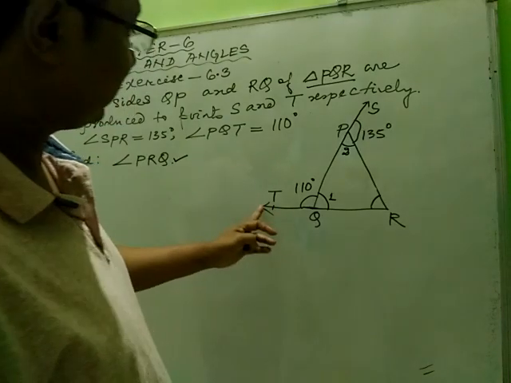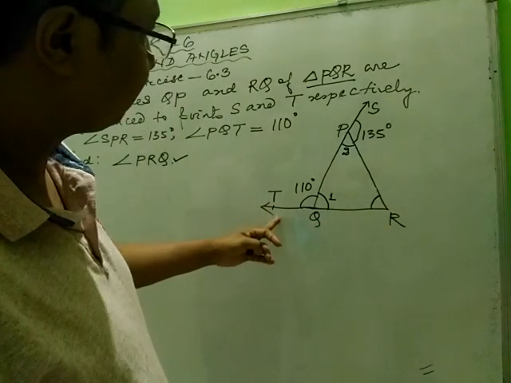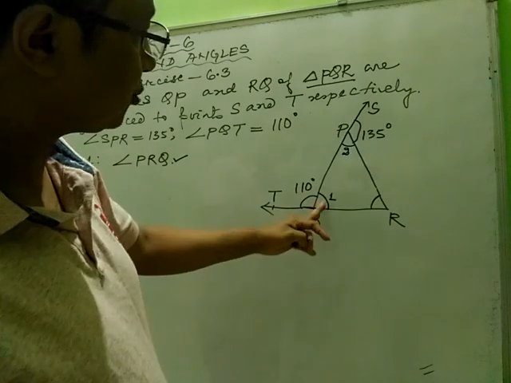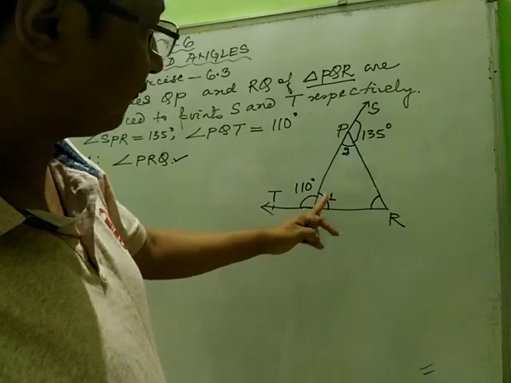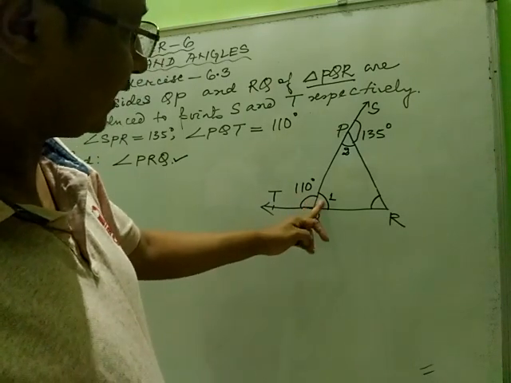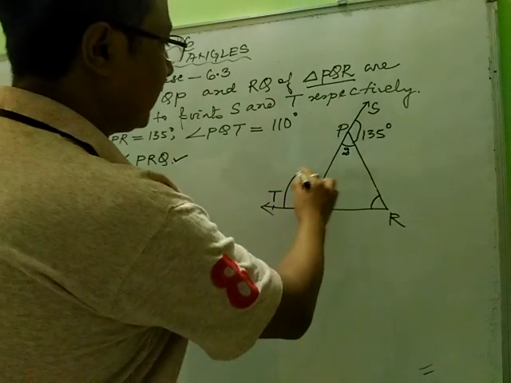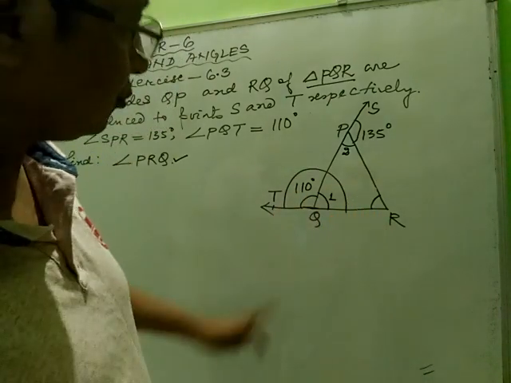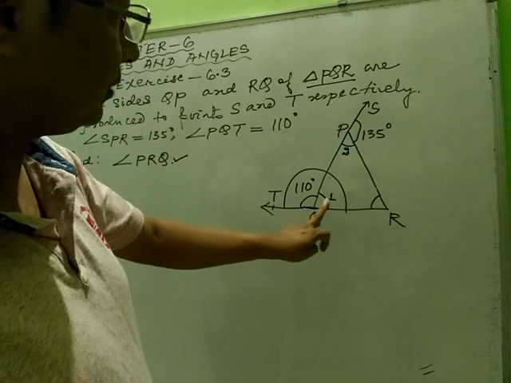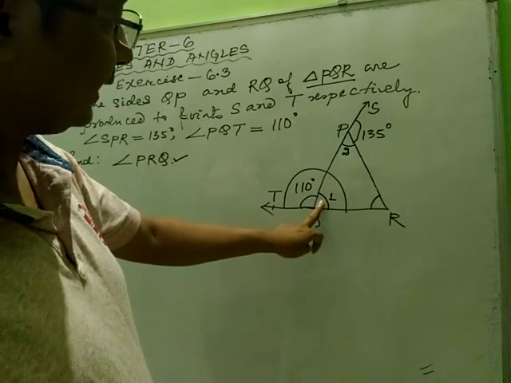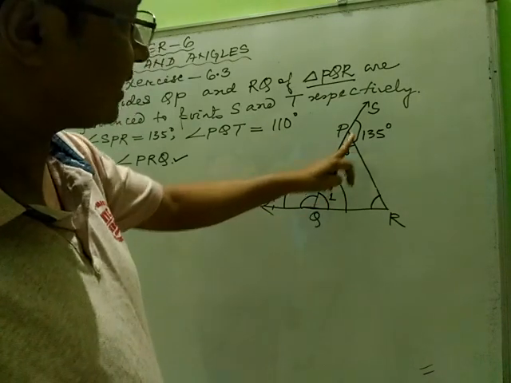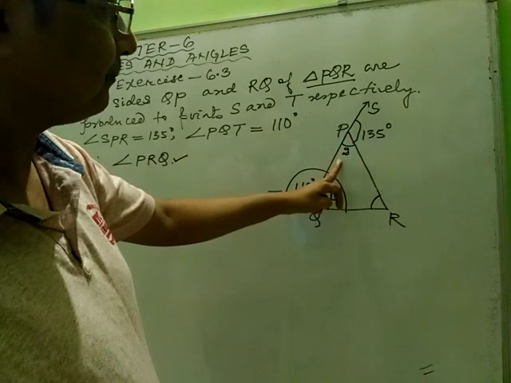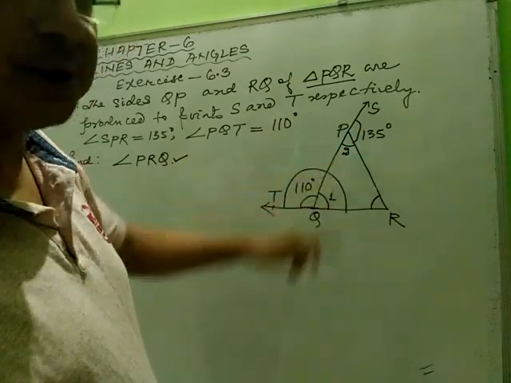Now this is the straight line, and that is why these are the two adjacent angles forming the straight line. So this angle plus this angle you will get 180 degrees due to linear pair. You will get this angle. Then next you can add this plus this, 180 degrees, and you will get angle 2.